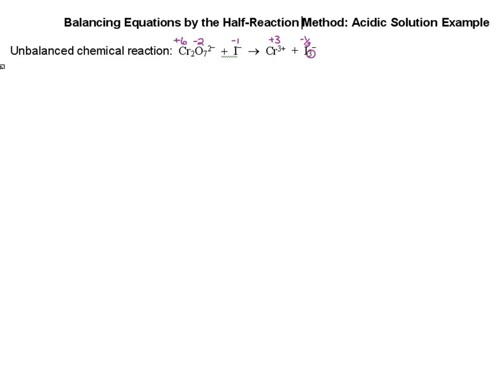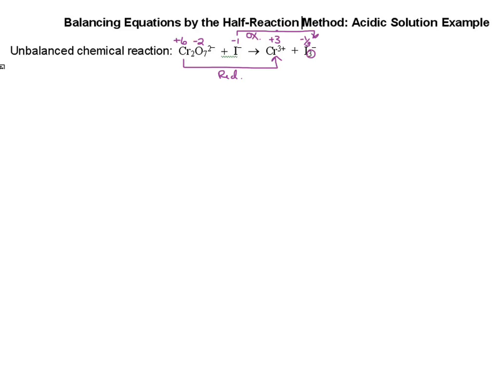So if we were going to draw some links here, it looks like the chromium is being reduced. And it looks like a -1 to a -1/3. I know it's strange, but this is being oxidized. I'll put an OX for the iodine and an RED for the chromium.